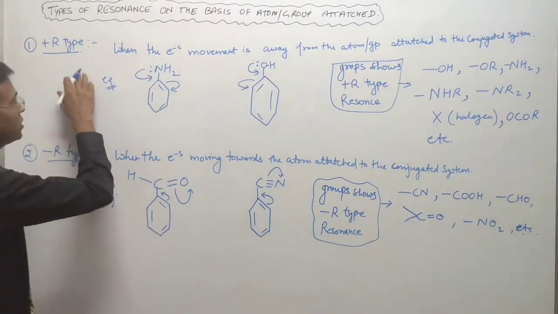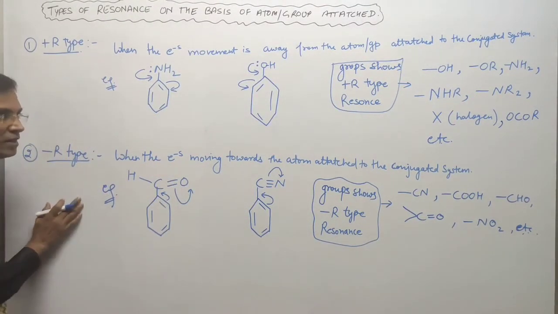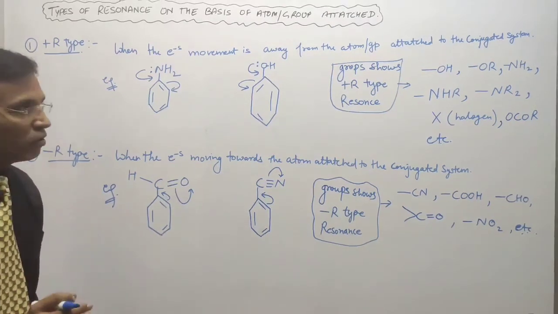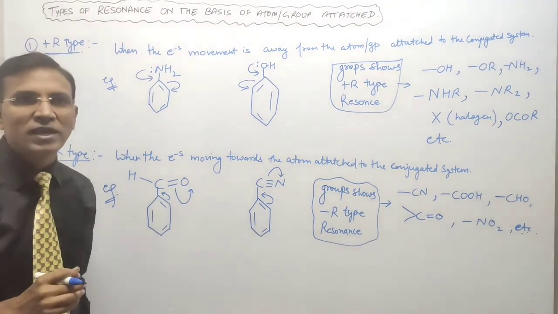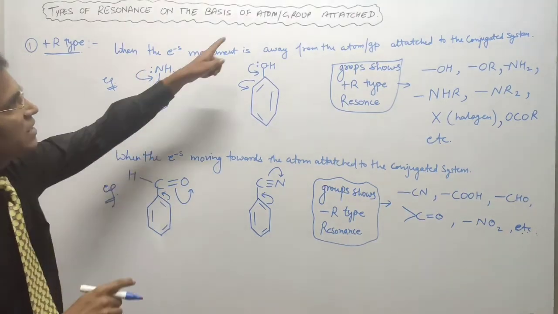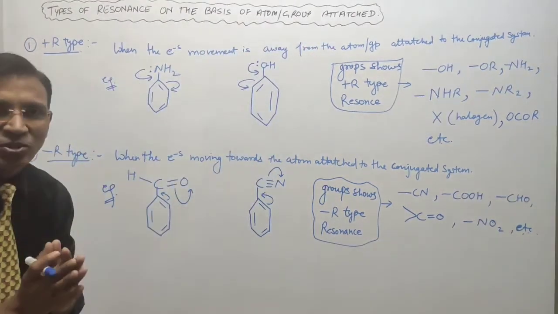So this is how the two types of resonance are. Hope that each and every concept about the types of resonance on the basis of the atom attached has been clear to you, right?